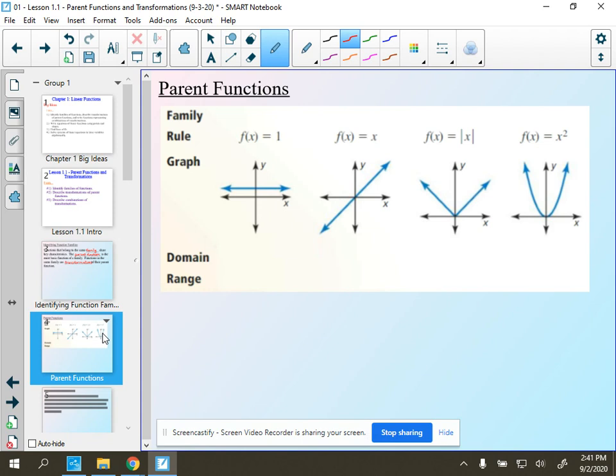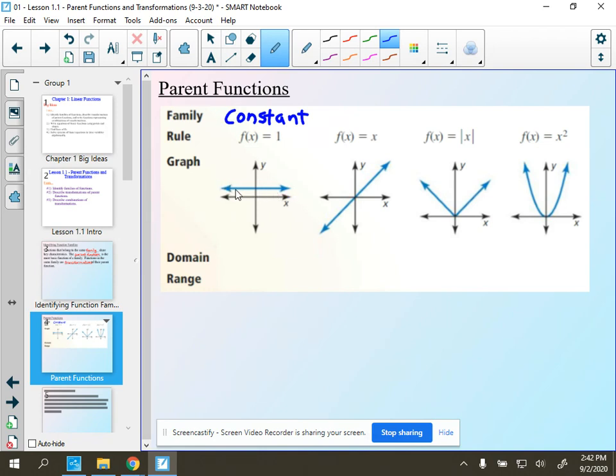This first one, we'll name them all first here. F of x equals 1 as far as a rule, the parent function there. That's what we would call a constant. All right, it's a line. You can see the blue graph here is a straight line, but it's a horizontal line.